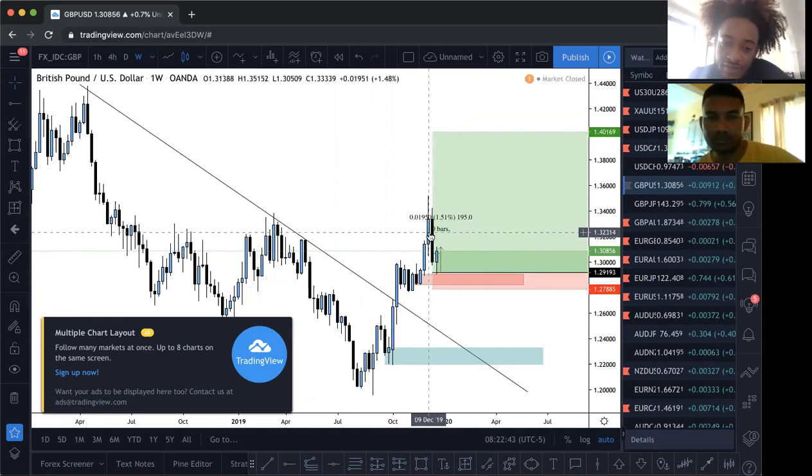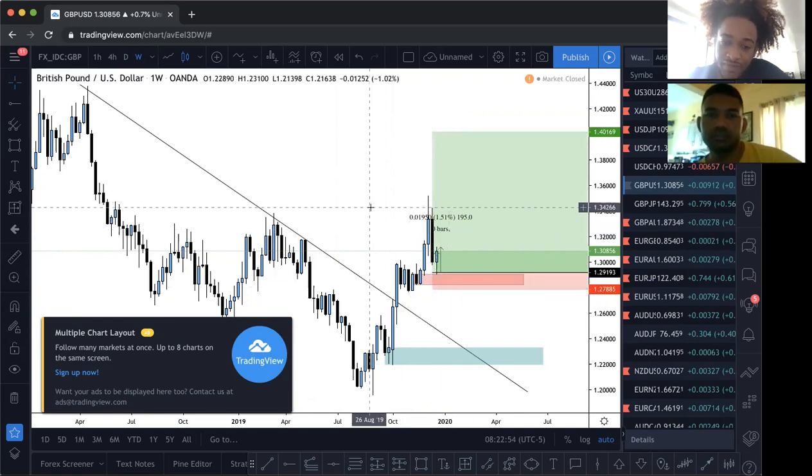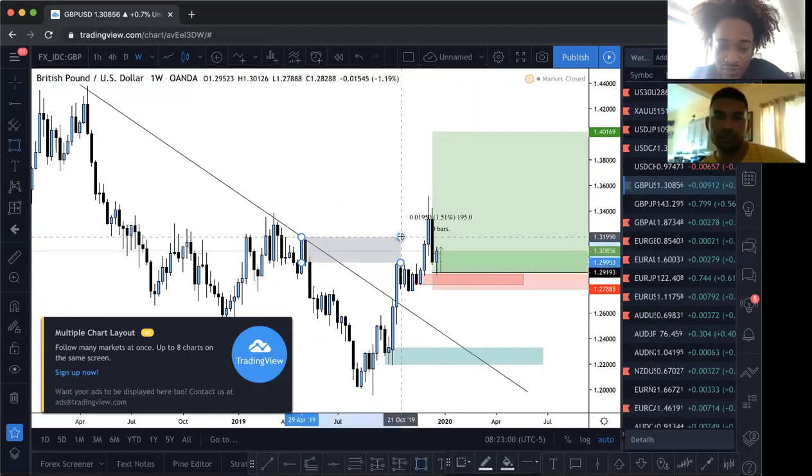The first impulse is the impulse away, and the other candles are the candles that stay away from the zone. So it would be this red and black candle here, and then it comes back down to the zone. And we know that it's removed. This is a weekly zone that was removed, right?